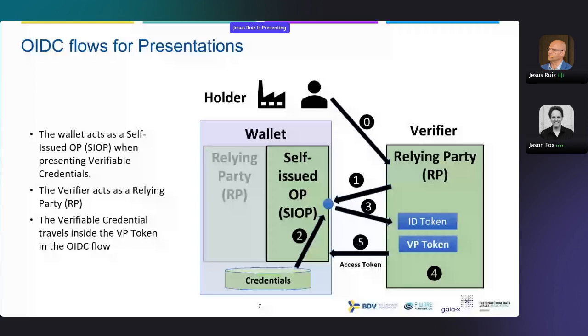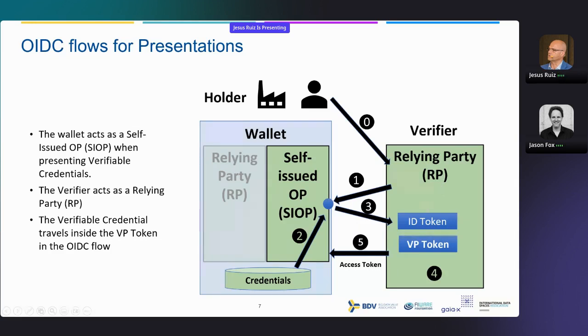If I present a credential which is a verifiable ID, a special type of credential issued by governments, then the relying party will have to trust the government. But this is not a problem, right? Now, if I am going to prove that I have money in an account or that I have a bank account, the relying party will have to trust the issuer of the credential, which is a bank. So they will have to trust the bank.